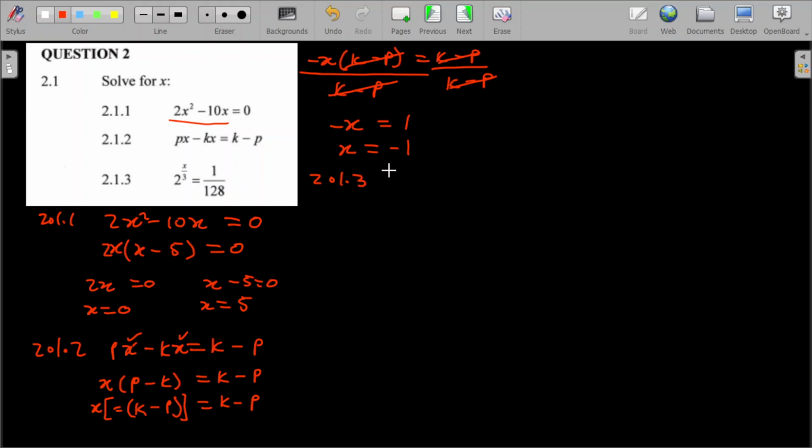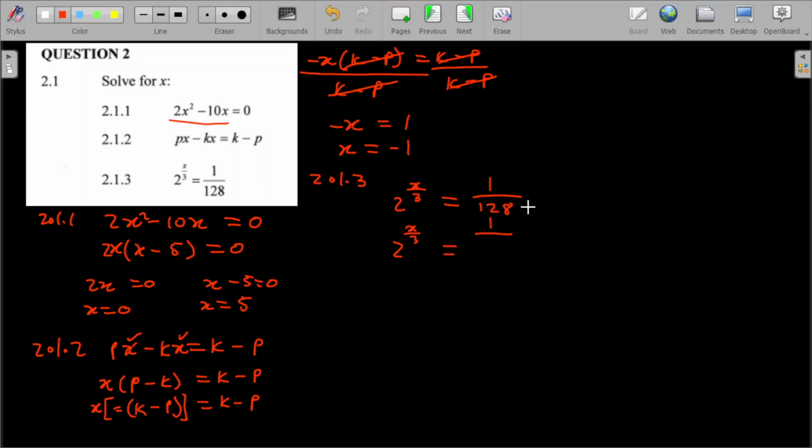2.1.3. So now in this one, I'm having 2 to the power x over 3 equal to 1 over 128. Let me write it correctly. Now from here, if I keep this for now, it's going to be 2 to the power x over 3 all over 1.